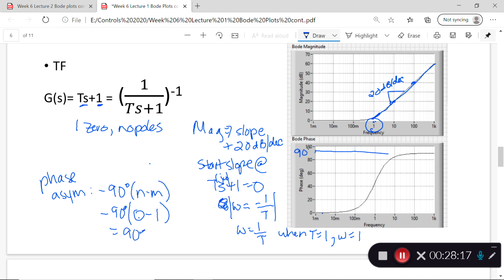That's my asymptote here. I get an inflection point at 45 degrees, where I had my zero here. It's the inverse of when I had my pole before. One decade to the left of that is where I start to make this shift, and one decade to the right is where I stop, reaching that asymptote.